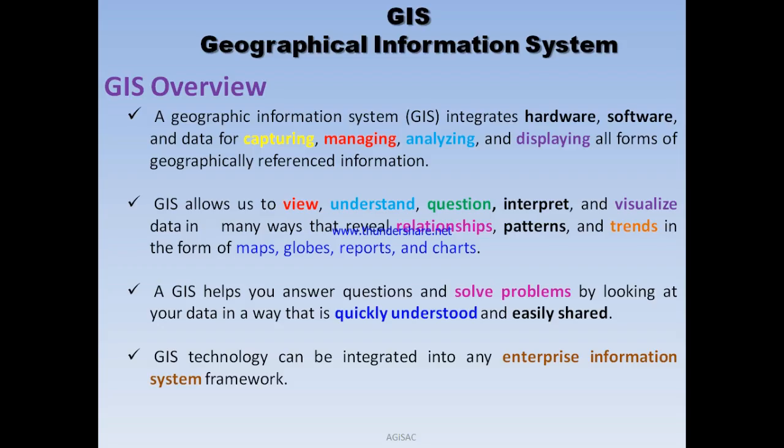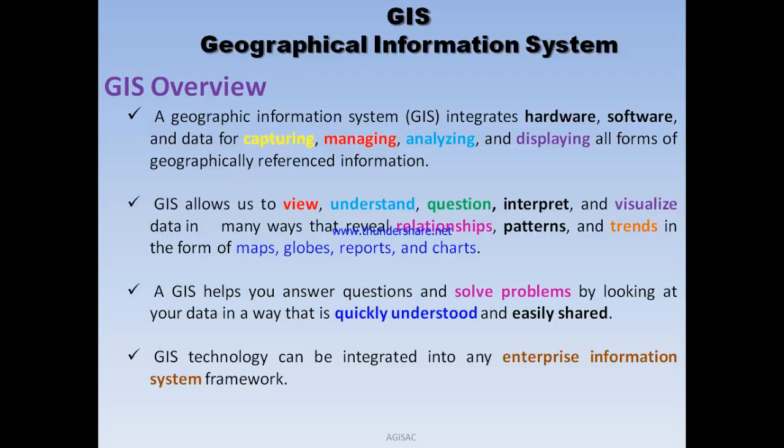So overall, we can conclude, or we can have an overview of GIS in this way: a geographical information system integrates hardware, software, and data for capturing, managing, analyzing, and displaying all forms of geographically referenced information.